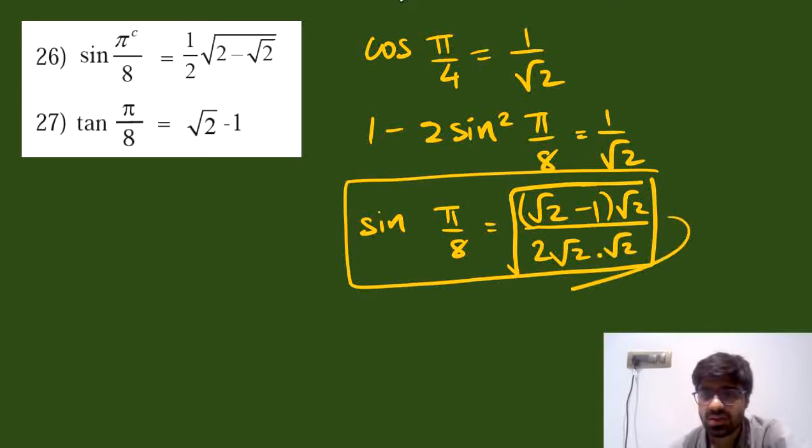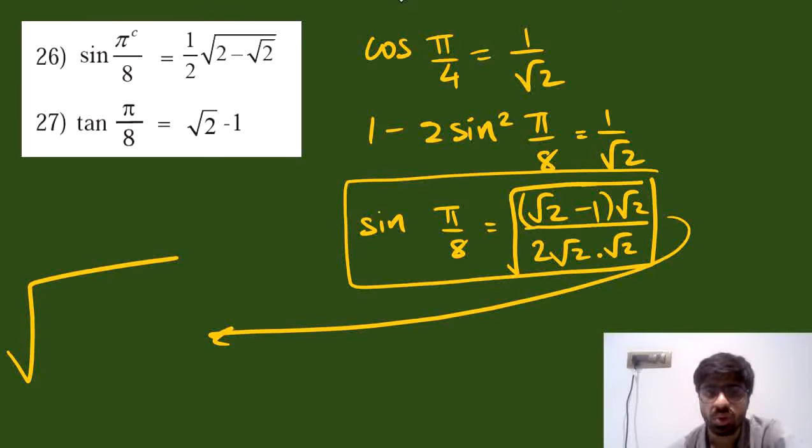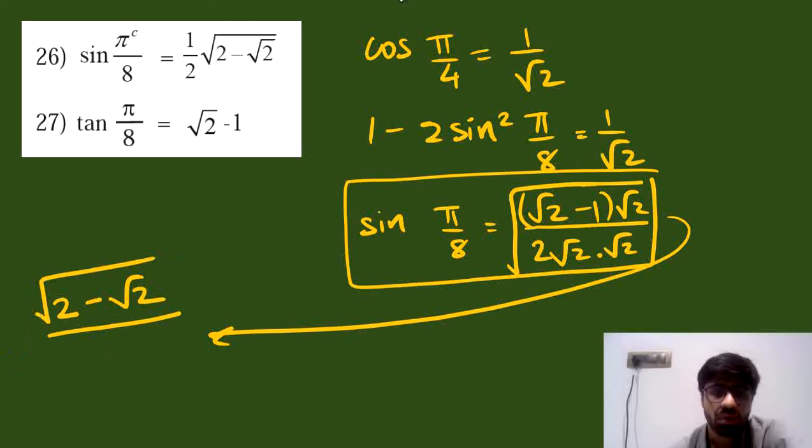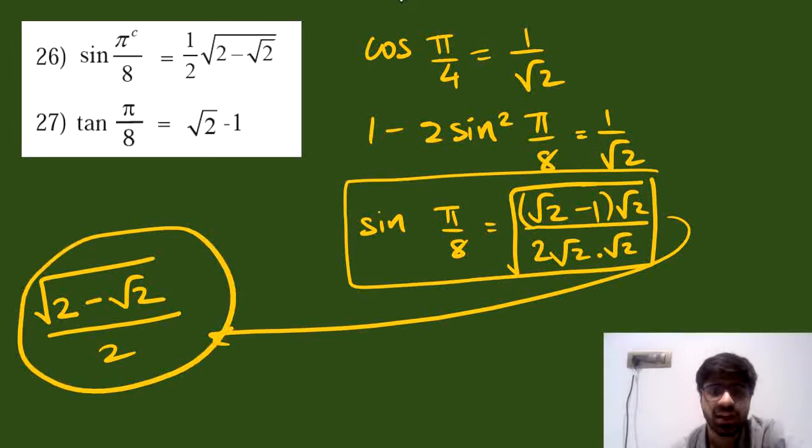So that would give us, in the numerator, root over root 2 into root 2, which is 2, minus root 2, the whole divided by 2 into root 2 into root 2, that's like 2 into 2, which is 4, and the root of it will be equal to 2. So that's the final value of sine of pi upon 8.